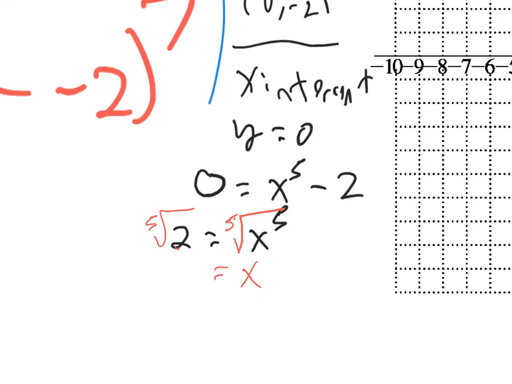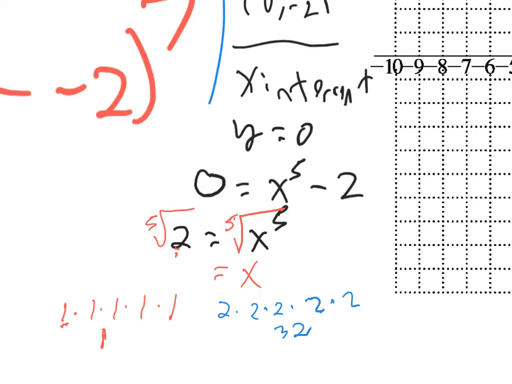Here's how I know. 1 times 1 times 1 times 1 times 1 is still a 1. There's 1 to the 5th power. So it can't be a 1. I need to get closer to 2. So let me try the 2. 2 times 2 times 2 times 2 times 2 is 4, 8, 16, 32.